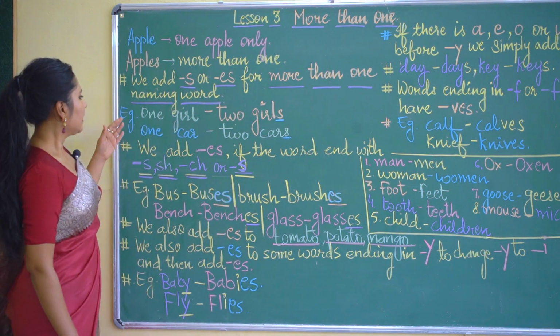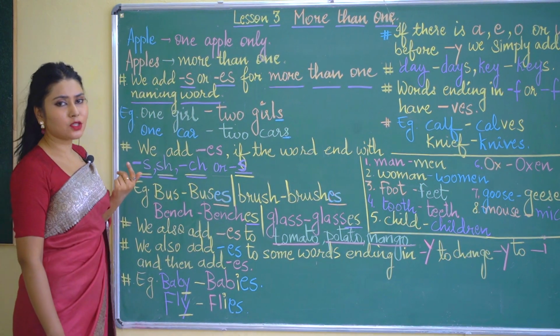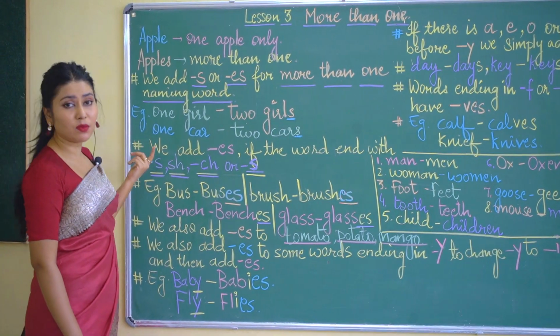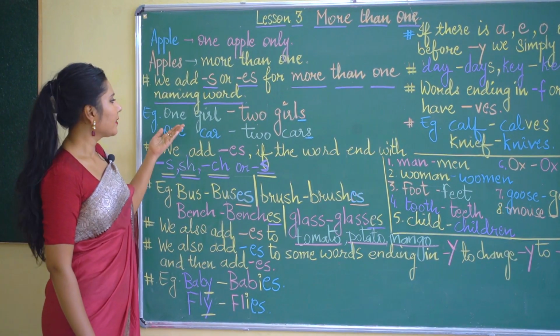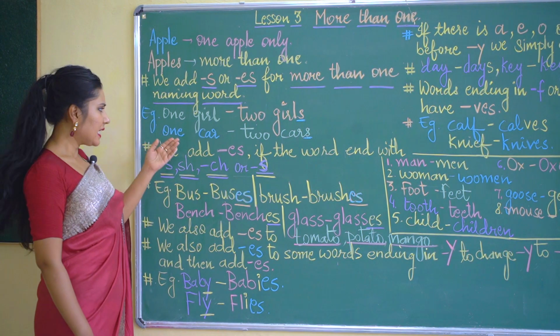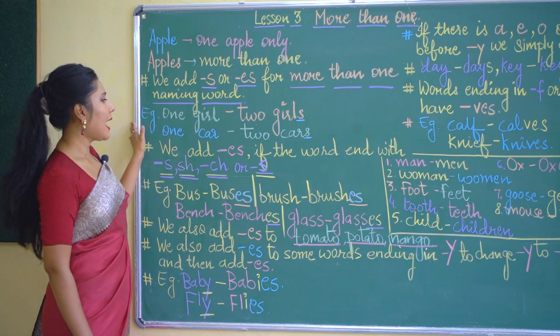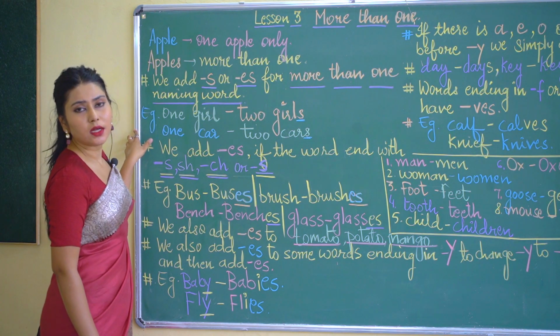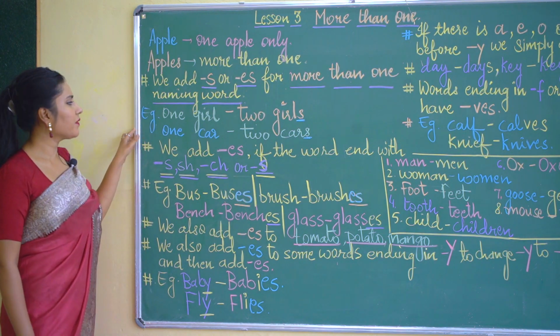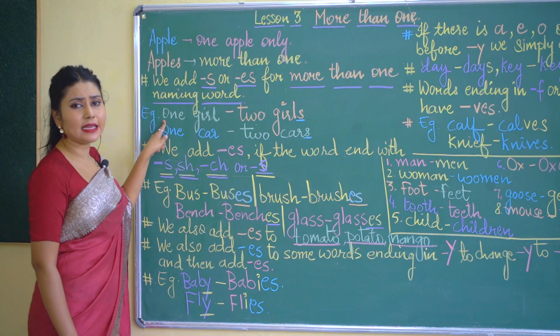Like girl. As I told you about naming words in the previous lesson, girl is a naming word. Car is a naming word because girl is the name of a person and car is the name of a thing.